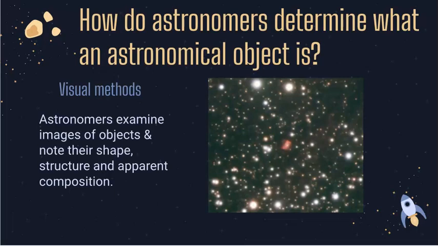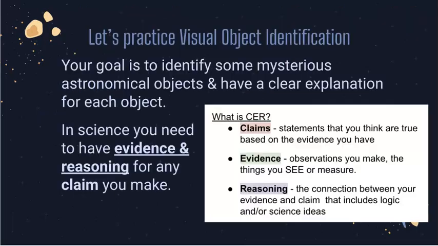So today in class, I'd like you to work on an assignment where you're going to practice visual object identification. I have a set of mysterious astronomical objects, and I would like you to work on crafting a claim, evidence, reasoning, a CER, about 5 of those objects.